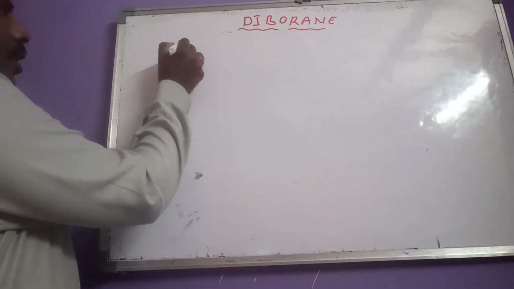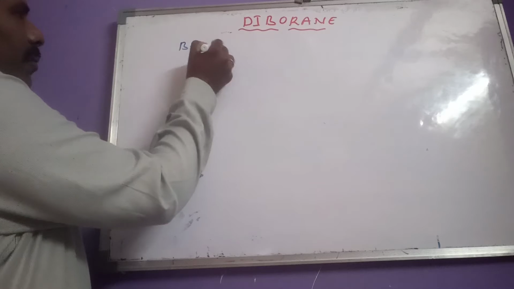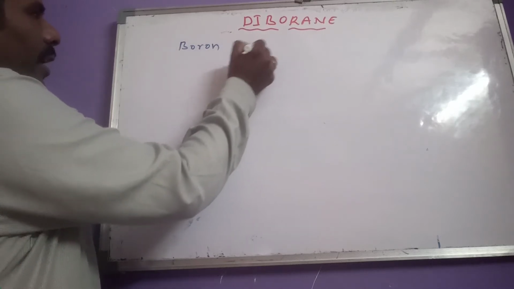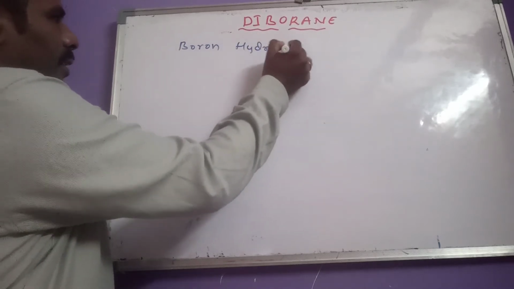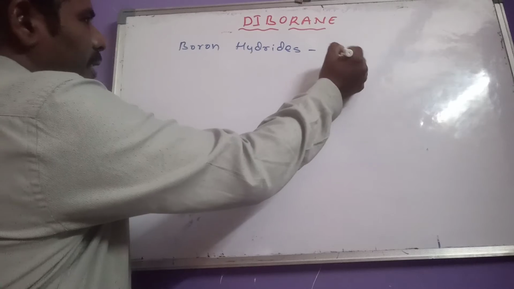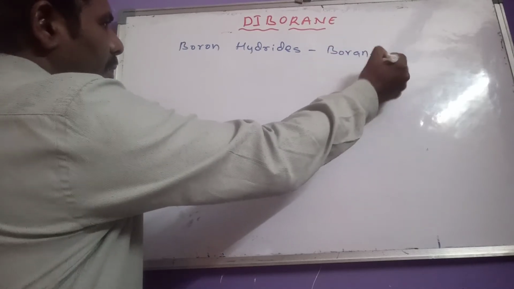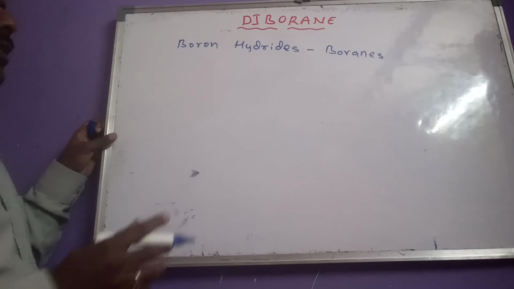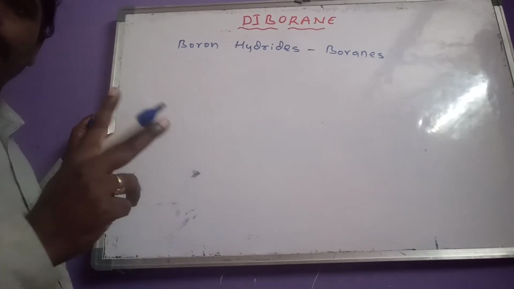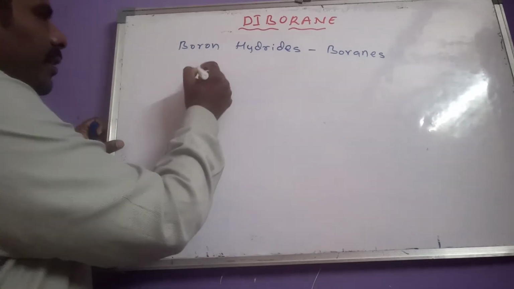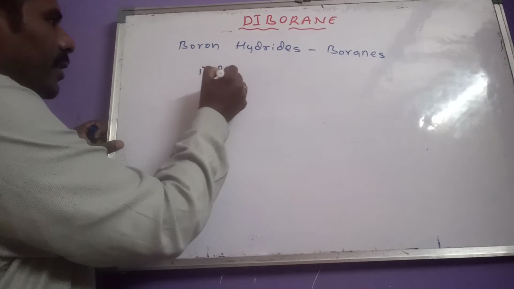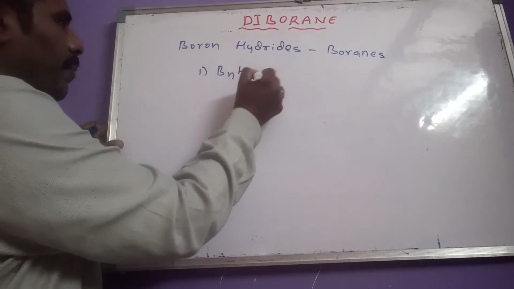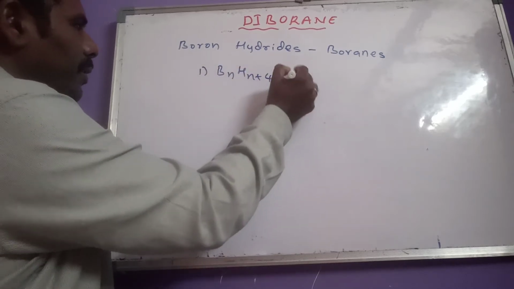Hydrides of boron, that means boron hydrides, are known as boranes. These boranes are of two types. The first one is BnHn+4 type.